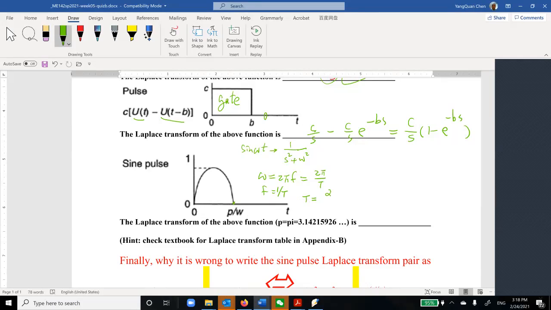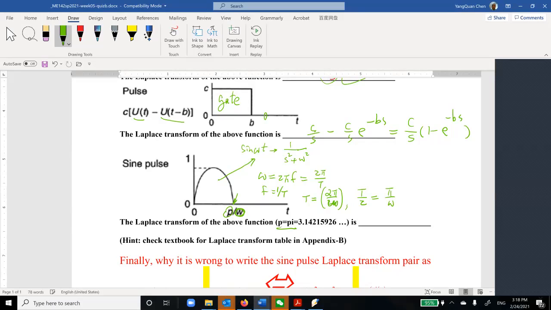T will be 2 pi divided by omega, right? So here, this is basically half of the T. So half of the T is pi divided by omega. So this is pi, this is omega. So then the whole thing can be written as sine omega t.